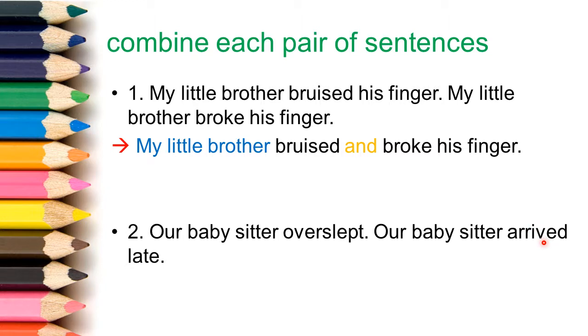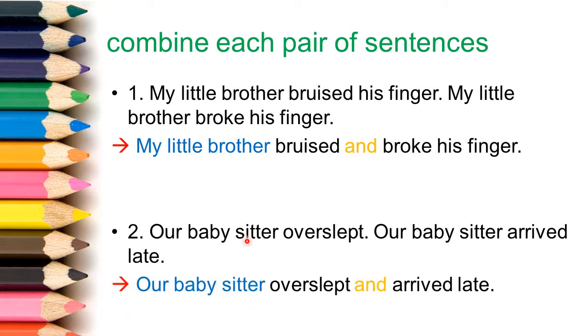So we combine these two sentences in one sentence, and because we have the same subject, we write it once. Our babysitter overslept and arrived late. So we have one subject doing two actions, and we link them with the conjunction and to have a compound predicate. So it becomes our babysitter overslept and arrived late.